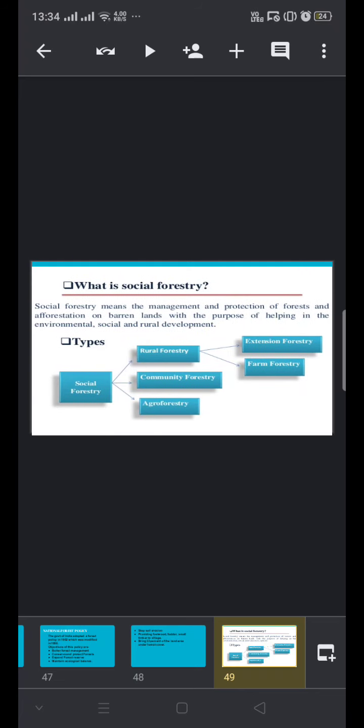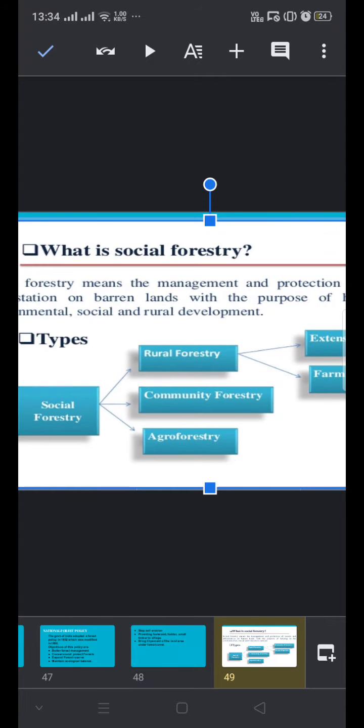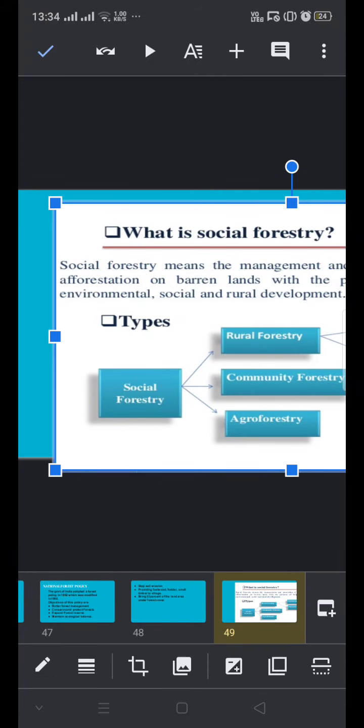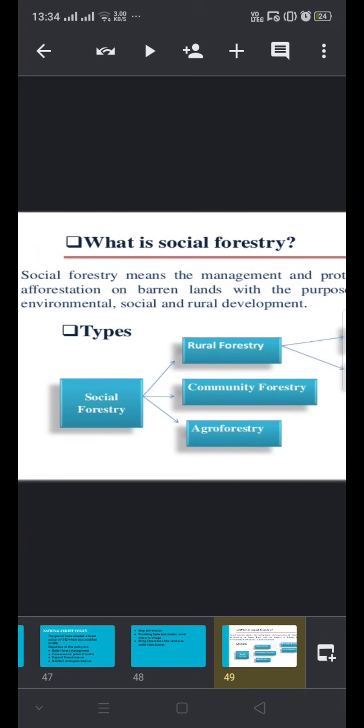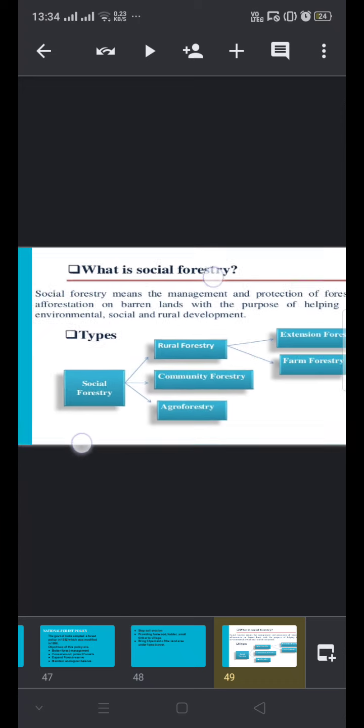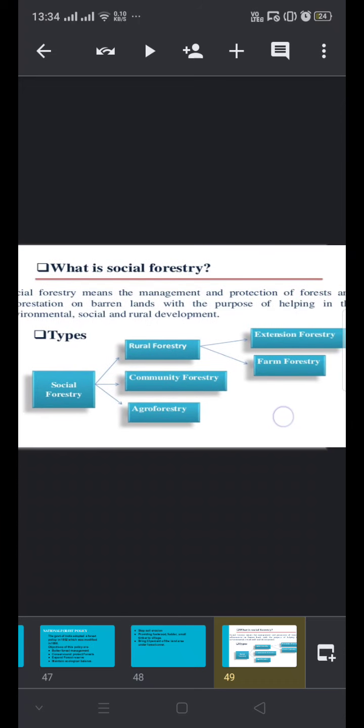Okay. Next we come to social forestry. It is the management and protection of forests. Social forestry means management and protection of forests, planting trees on barren lands to help environment, social and rural development.